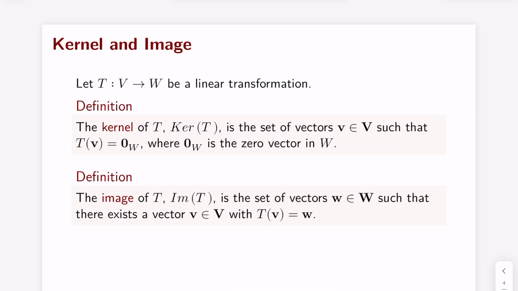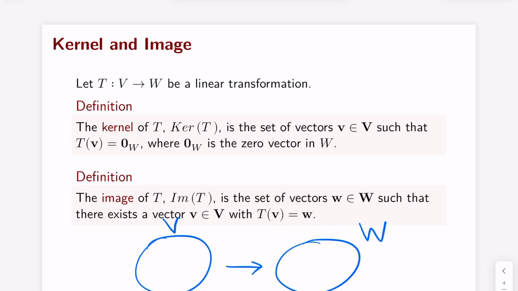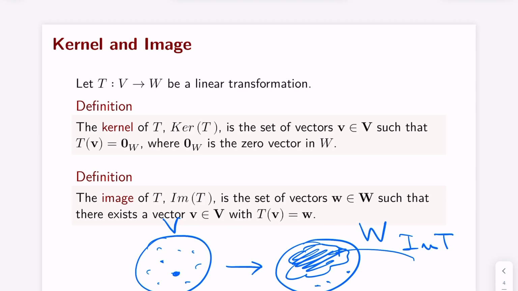And the image, in the same way, is going to be on the other side, right? If we have the transformation here, so we transform all the vectors here, and they may end up all in something like this. So this part where they end up, this is the image of the transformation. So remember that there may be some vectors in W that don't have any vector in V that gets transformed into them.